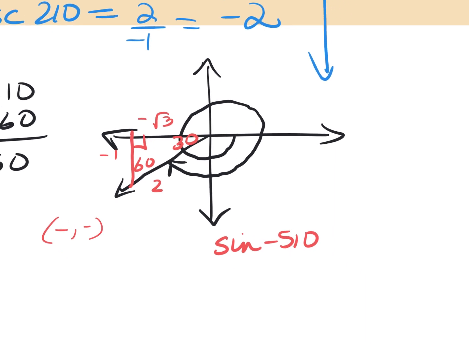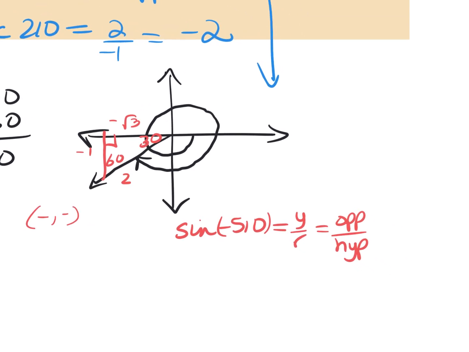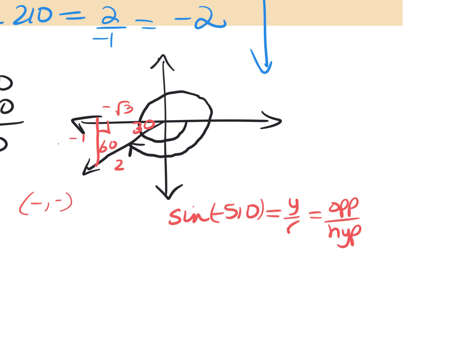remember sine is going to be y over r, or opposite over hypotenuse. So y in this case, and you could label this as y, or opposite. This is x, or adjacent. This is your r and your hypotenuse. So when I go to fill it in, my opposite is going to be -1.